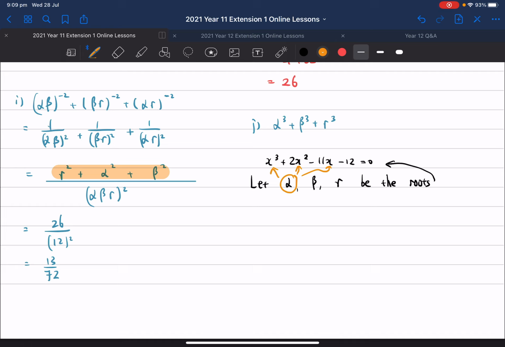Remember, alpha, beta, and gamma are the solutions. So if we substitute like this, the equation will hold. This equation is true. And then beta is also a solution, so I can substitute beta inside. Do the same thing: beta cubed plus 2 beta squared minus 11 beta minus 12 is equal to 0.